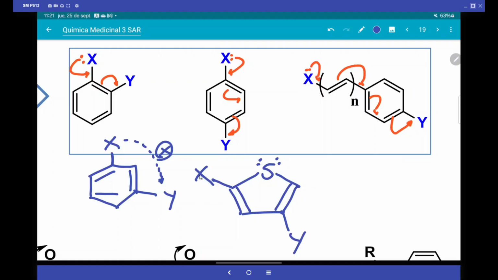And if I try to draw the resonance from X to Y, I do not arrive. There is no way it is going to reach this position here. That is, if I was here, yes, but not here, so be very careful. I do not have a way of injecting electrons to Y, so be very careful.